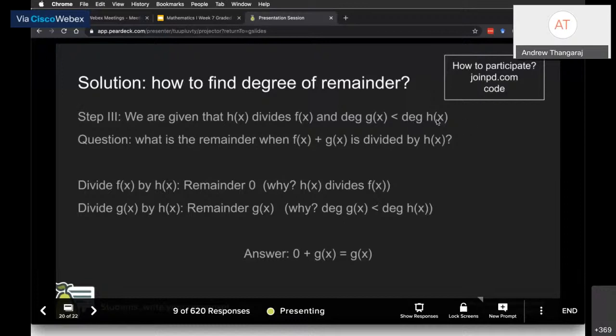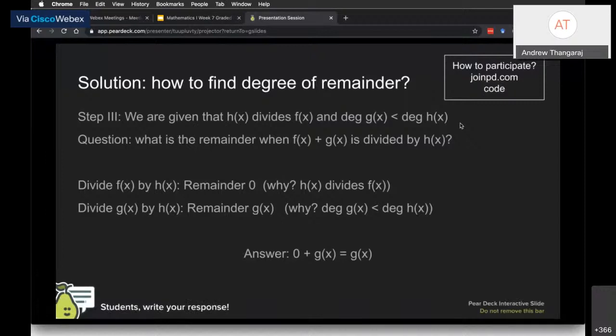Okay, let's say we are not given that. Hopefully it's clear. All right, so h of x divides f of x, that's okay. But the degree of g of x being less than degree of h of x, that I don't give. Let's say I don't give.